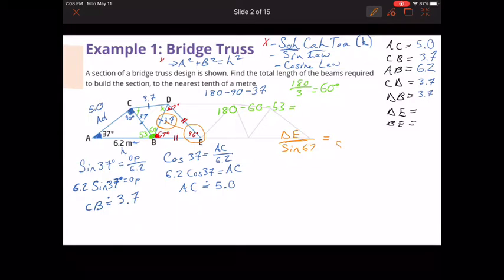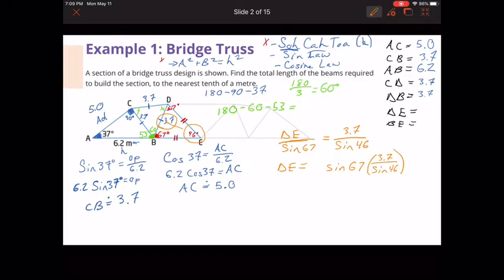So again, I want to put the angle on the bottom because they want to match. And I know that 46 is opposite to 3.7. So DE equals, I can move sine of 67 over and multiply both sides by it to get it on the other side.